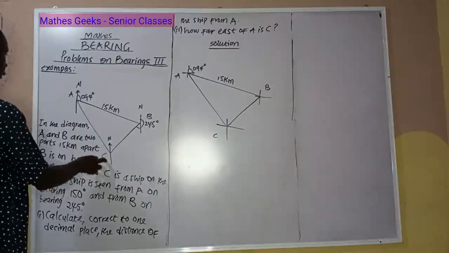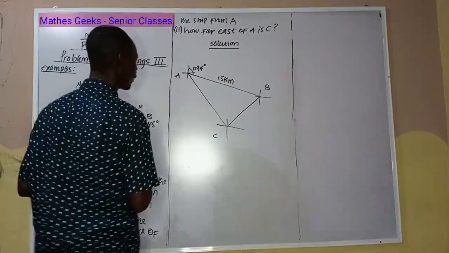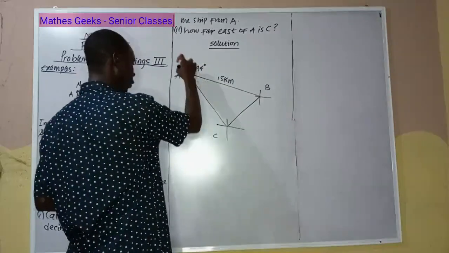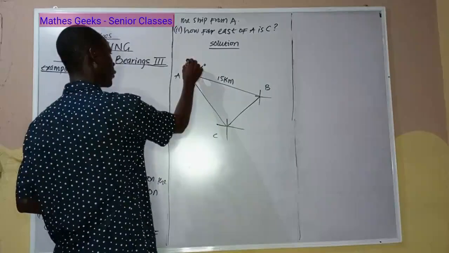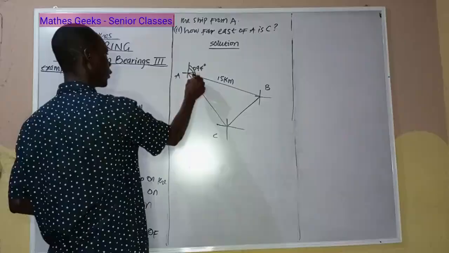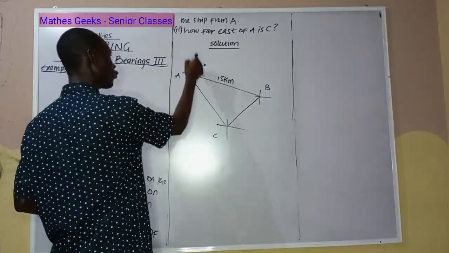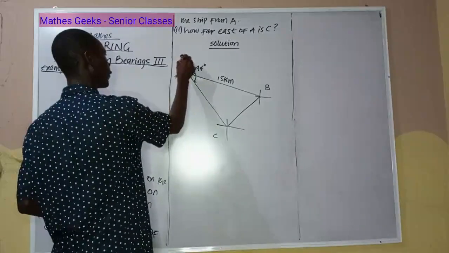C is seen from A on bearing 150 degrees, so the bearing of C from A is equal to 150 degrees. The 150 degree line connecting A and C is this line. So bearing 150 degrees will be from here to this point. Let me call this angle 150 degrees.